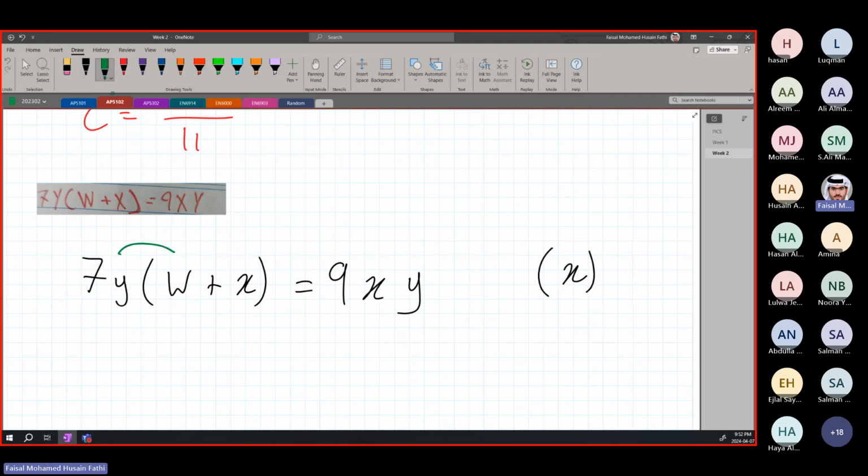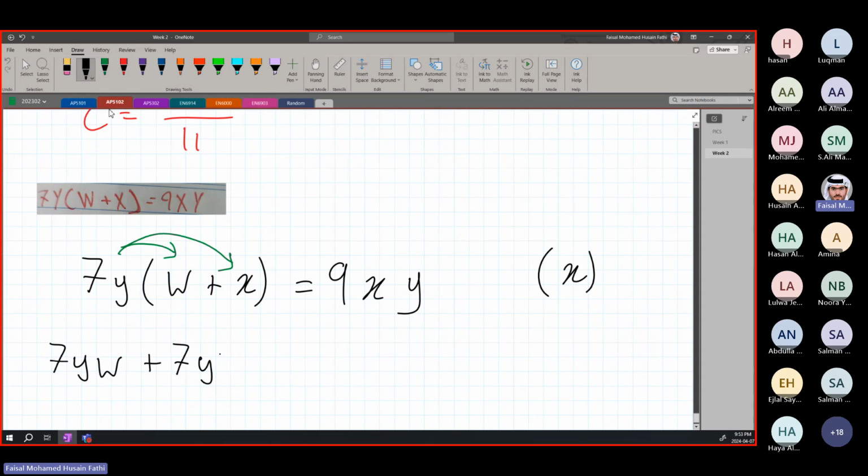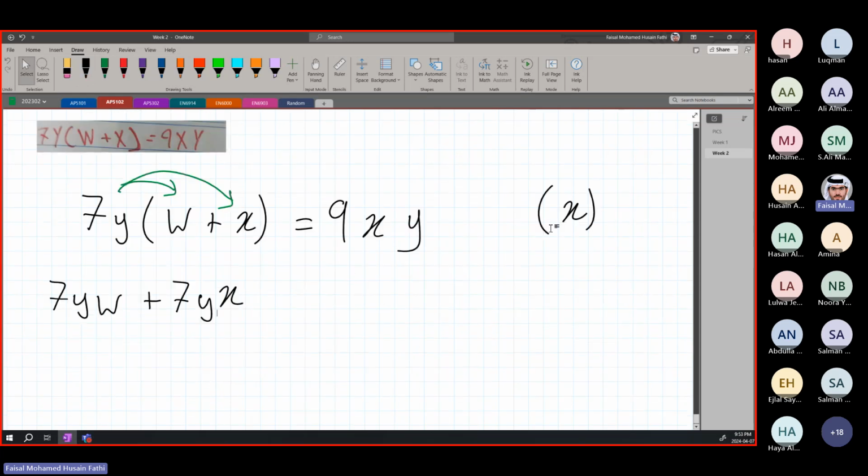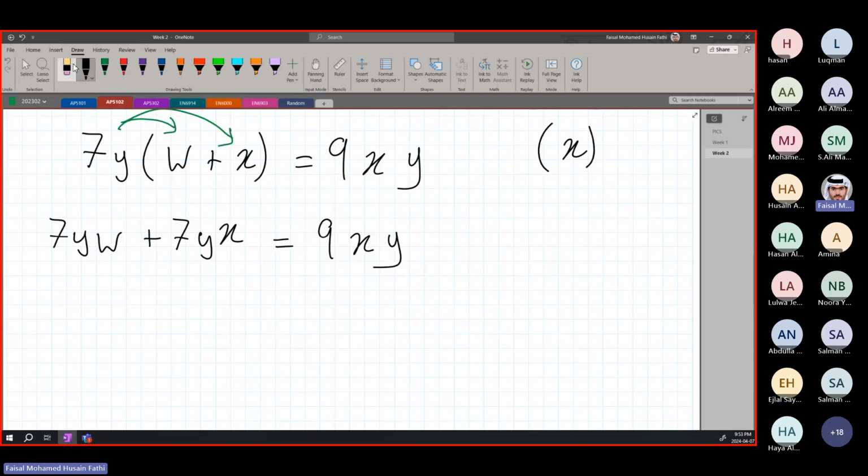First thing always is distributing. So it is going to be 7yw plus 7yx. This is the case if x is the subject, is equal to 9xy. All right? Again, anything that has the x in it, the whole term, you're going to group it all together.